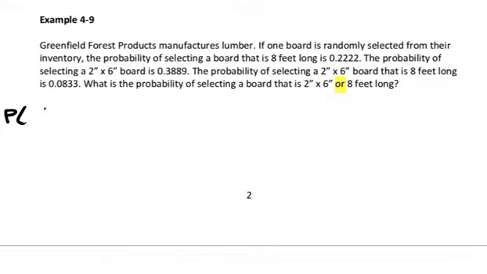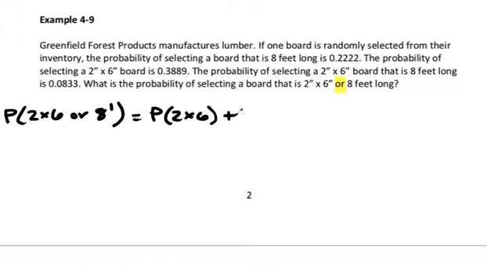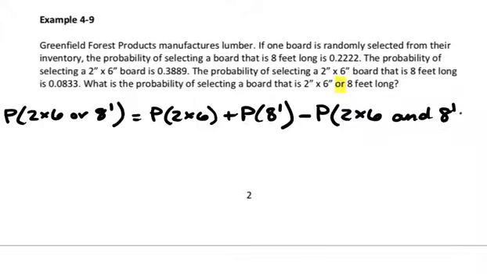So the probability of selecting a 2x6 or an 8-foot long board is equal to the probability of selecting a 2x6 plus the probability of selecting an 8-foot. Now all boards that are 2x6x8 are counted in both categories here. And so I need to subtract that number so that I'm only counting them once. So probability of 2x6 and 8-foot. Probability of being 2x6 is 0.3889.